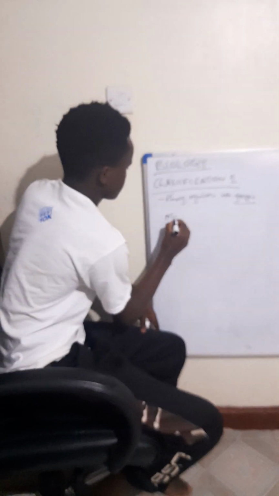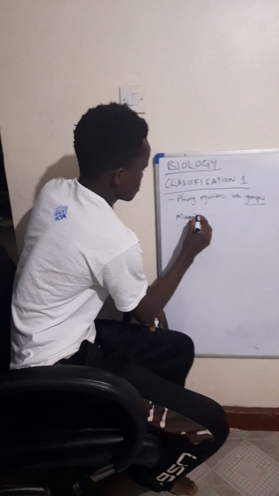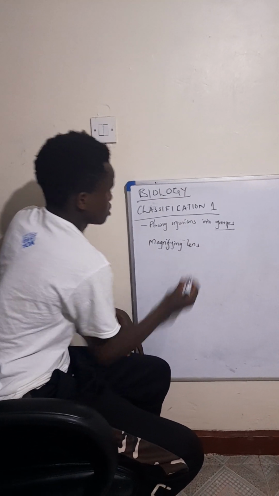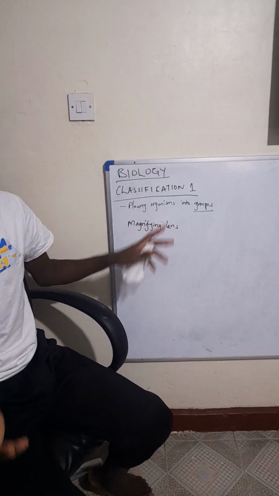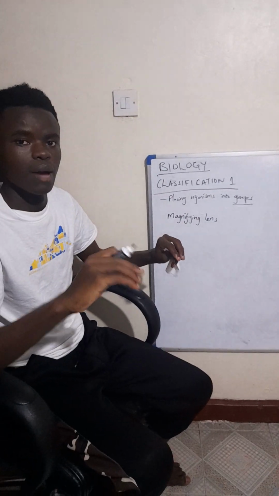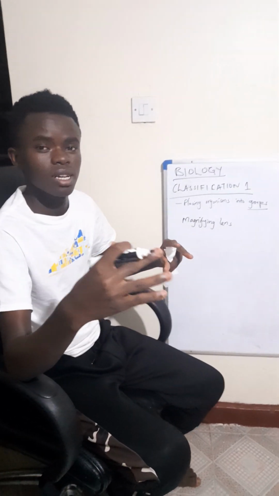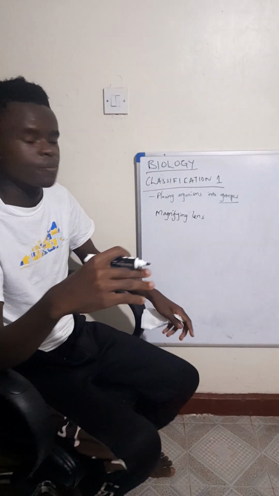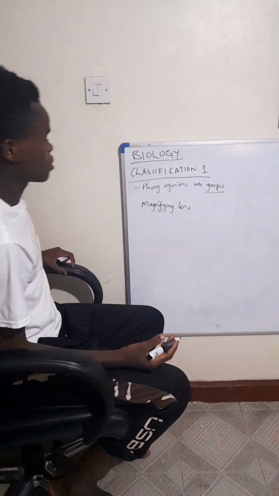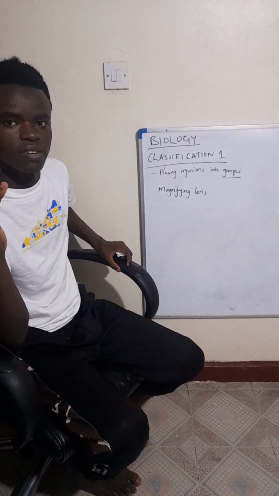A magnifying lens is basically a lens used to make small objects appear larger for the purposes of classification. That's the magnifying lens.